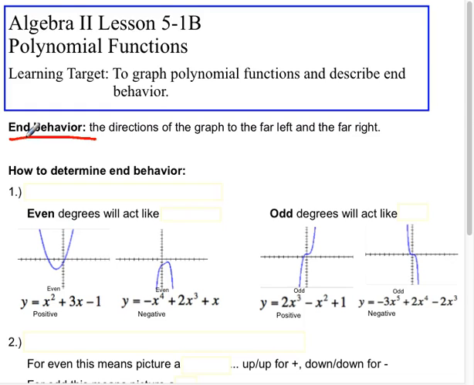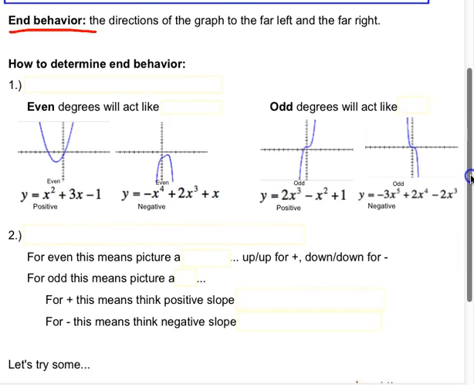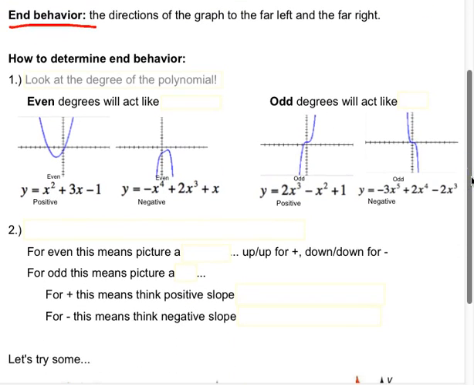So the two things that you want to look at are, first, the degree of the polynomial. Is it degree 1, so is it linear? Is it quadratic? Is it cubic? Is it quartic? Is it quintic?